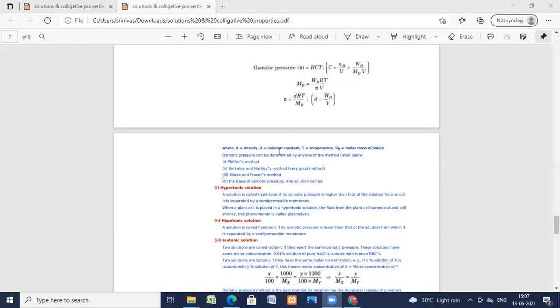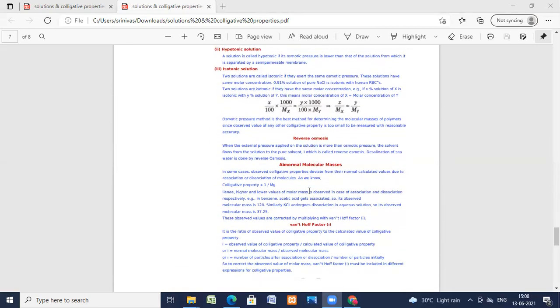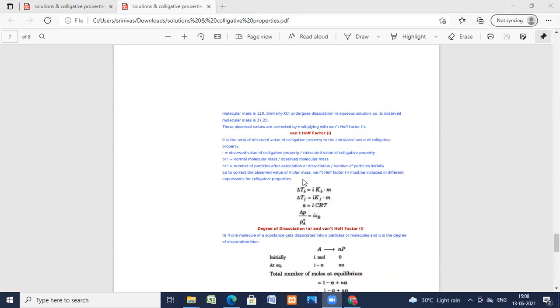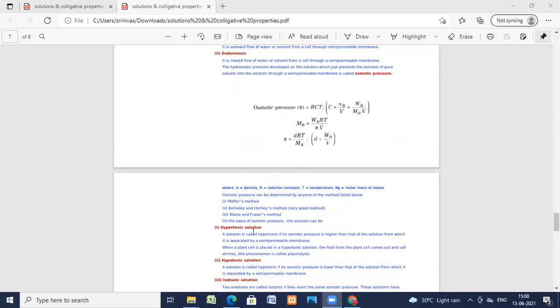Here R is the solution constant; previously for gases it was the gas constant, and for solutions it is the solution constant. T is the temperature, and MB is the molar mass of the solute. Osmotic pressure is determined by the Berkeley-Hartley method. This is a very good method, and generally for our degree syllabus this is what is explained. Based on the osmotic pressure, solutions can be of different types, which we'll see, such as hypertonic solution.